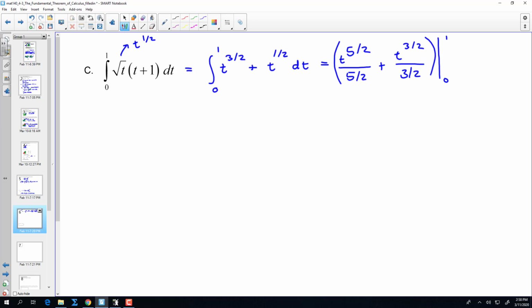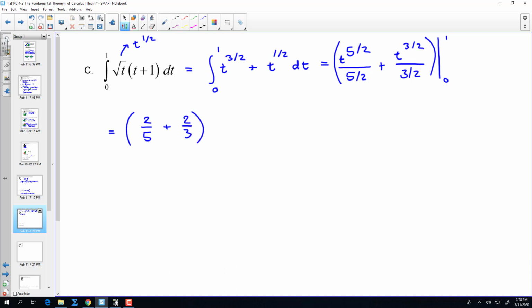Let me take care of those fractions as I go through this. So this would be 2/5 of 1 to the 5/2 power. 1 to any power is still just going to be 1. So this is just going to be 2/5. Likewise, this will be plus 2/3.